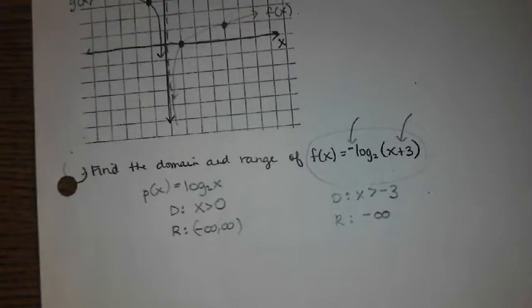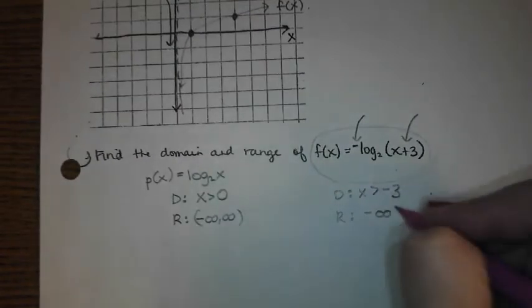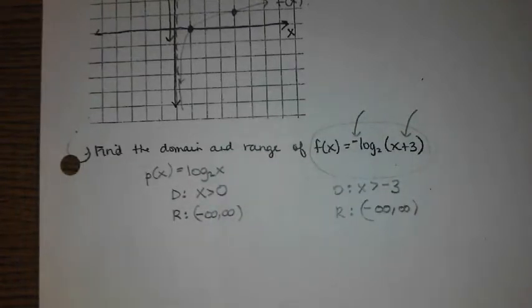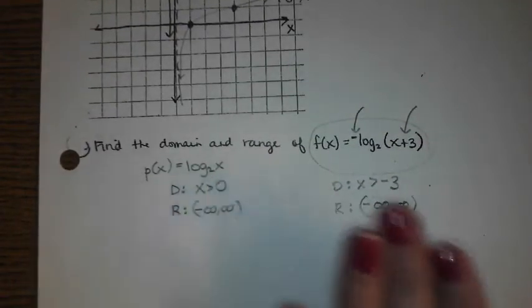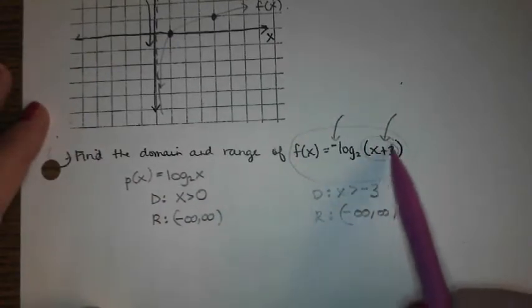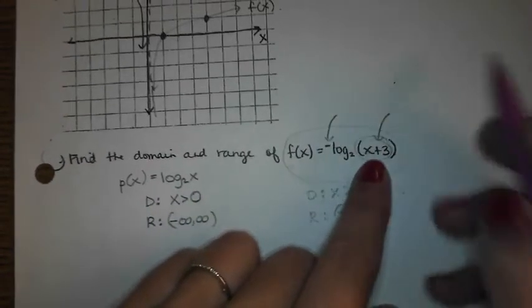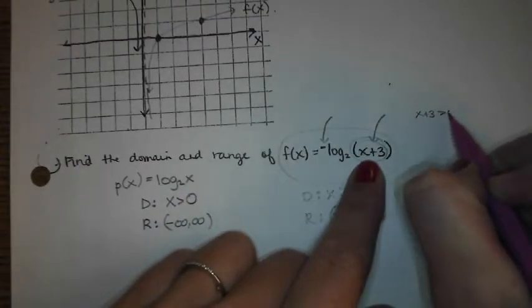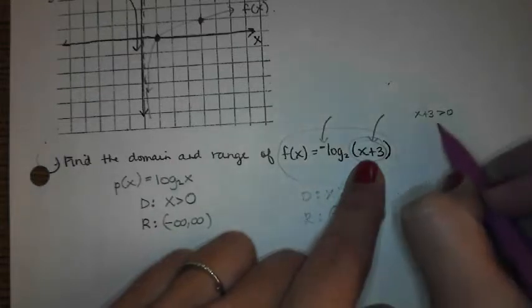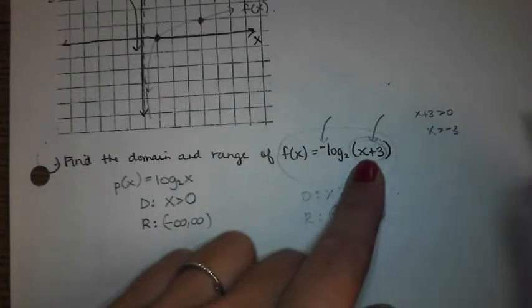Okay, so you can get the domain and range from the transformation thought process off of the parent graph. Or, Taylor, I'm guessing that you thought you can only take the log of a positive number, so you knew that x plus 3 had to be greater than 0? Did you think of it that way, or did you do it the transformation way? Or a different way?